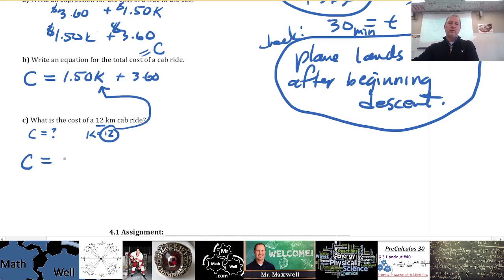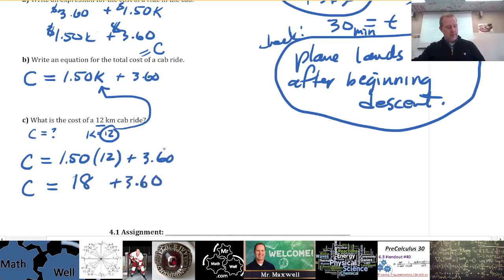So C equals 1.50 times 12 plus 3.60. So that's going to be, cost is 18 plus 3.60, which the cost here is going to be then $21.60.